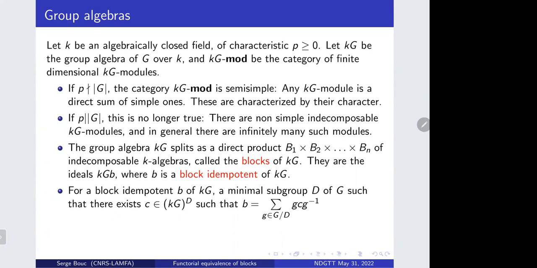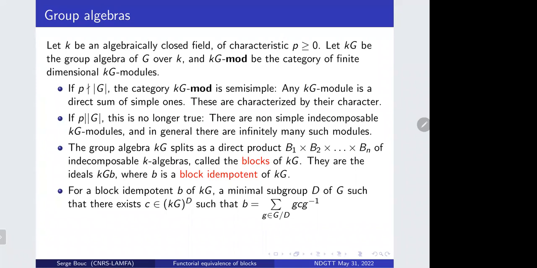One can show that such a minimal subgroup exists, because the group D equal to G has this property: there is an element b, so c equals b in that case, such that b is equal to b, and b is indeed invariant by conjugation by G, because b is in the center of KG.